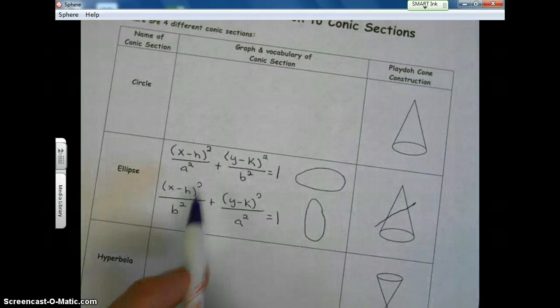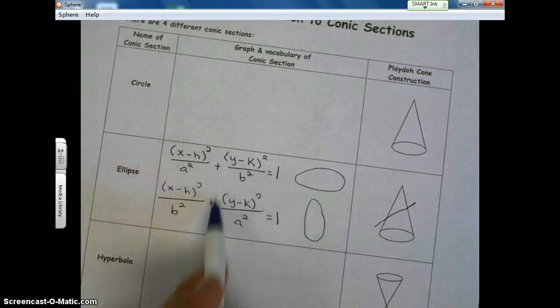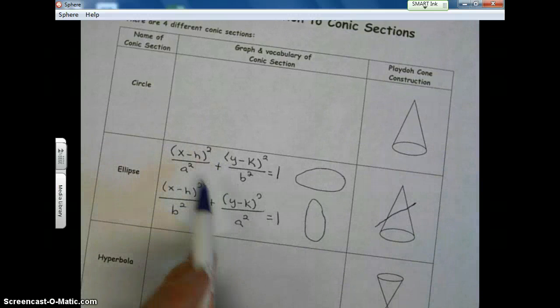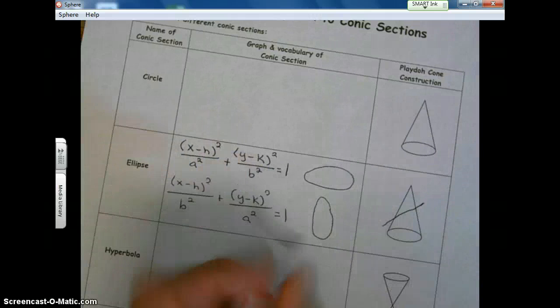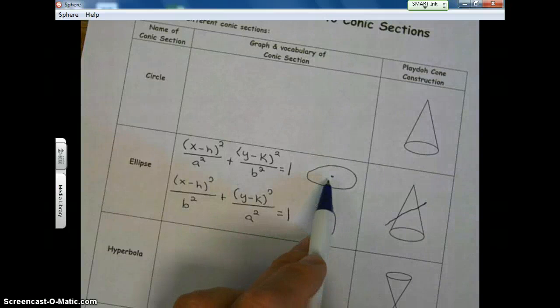Okay, for the ellipse, we have these two standard forms, where H and K is the center. Okay, this is a horizontal ellipse.